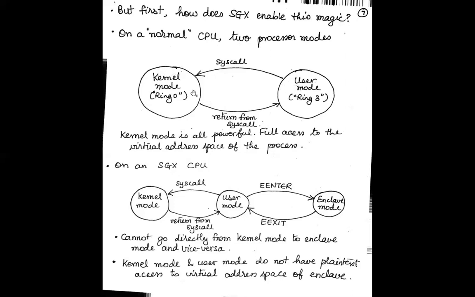And that's determined by the Popek Goldberg virtualization criteria, if you remember that lecture from virtualization. So the kernel mode is all powerful and it has full access to the virtual address space of every process. And that is why in kernel mode, you can actually see everything going on in user mode.